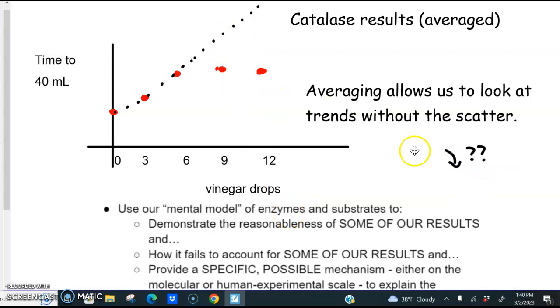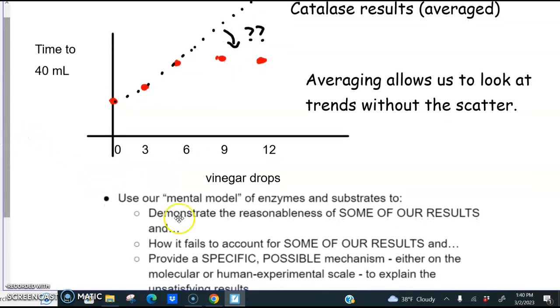So the question that students are wrestling with is, what happened? What do we think went on to explain why the data played out this way, okay? So we want to use our mental model to demonstrate the reasonableness of some of our data, 0 through 6 drops, right? And to show how our mental model cannot explain 6 through 12 drops, all right?